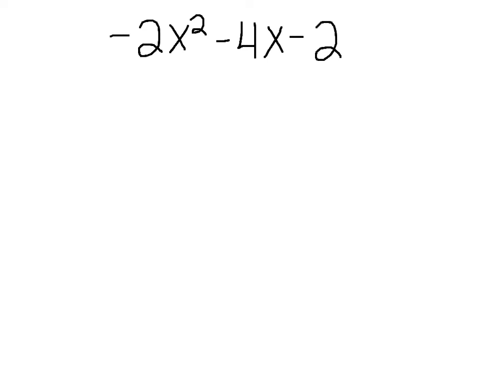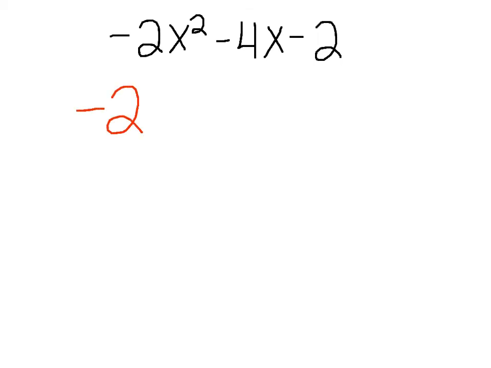Pause the video again and try this one. All right, we have negative 2x squared minus 4x minus 2. The first thing you should think of is, is there a GCF? And remember, I always said if the first term has a negative, pull out a negative.